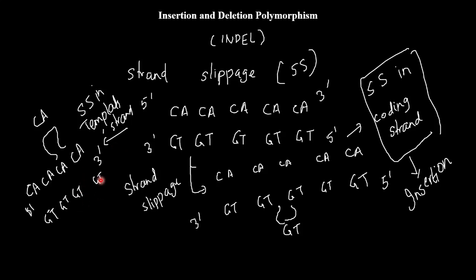This DNA polymerase will not recognize this particular CA, and instead of 5 GT, how many GT are you having right now? If you see here, you are having 4 GT instead of 5. So that is deletion.